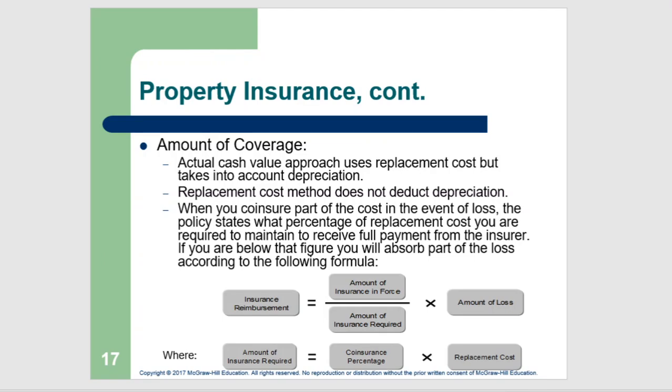And there's another factor here in that you often have to co-insure, and you have to make sure that the amount that you are insuring for is comparable to the replacement cost. So here, this is why this is relevant.